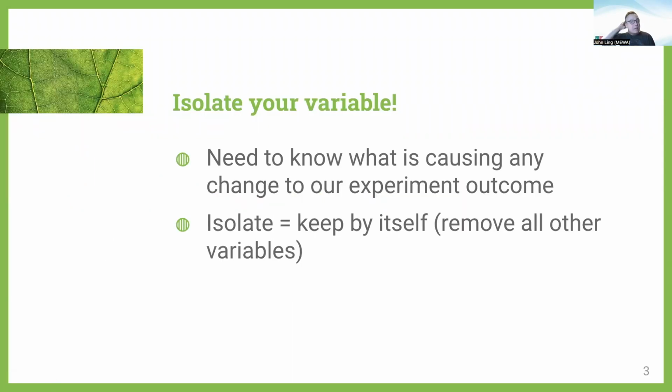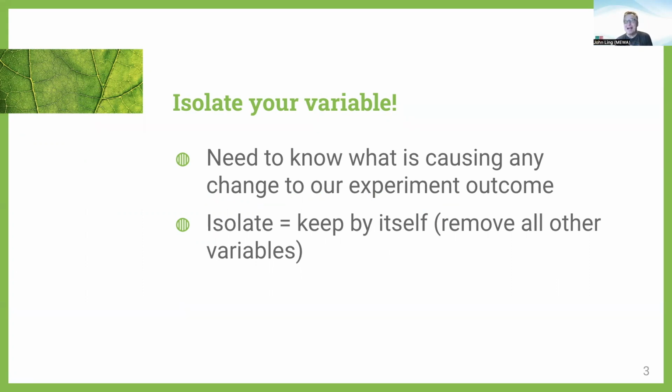So in an experiment, we need to think about these things. We need to think about all the variables, all the things that can affect the outcome of our experiment. And when we do science, we need to isolate the one variable that we're investigating, okay? We want to see how changing that one variable is going to affect the outcome of whatever we're measuring here.